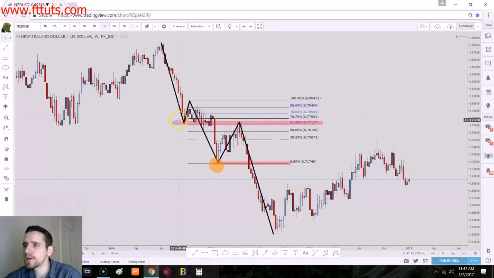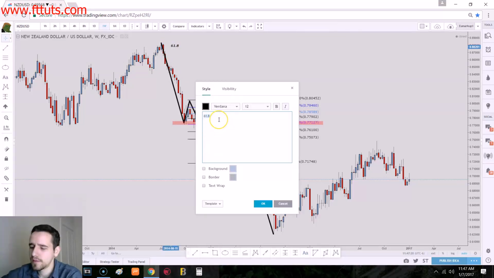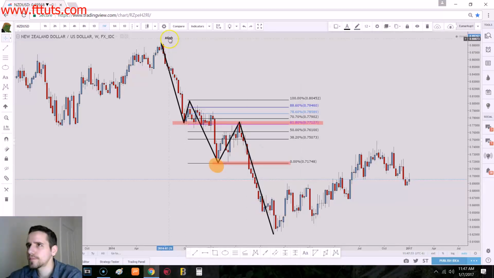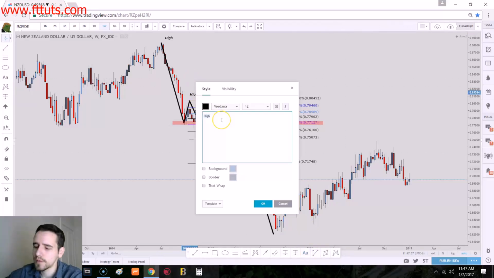Okay, so memorize this market structure, guys. This is very, very, very important. I'll actually start labeling it out real quick because I know you guys like to do this. This is a peak high. You can call it a higher high. Start with a high. This lower high.